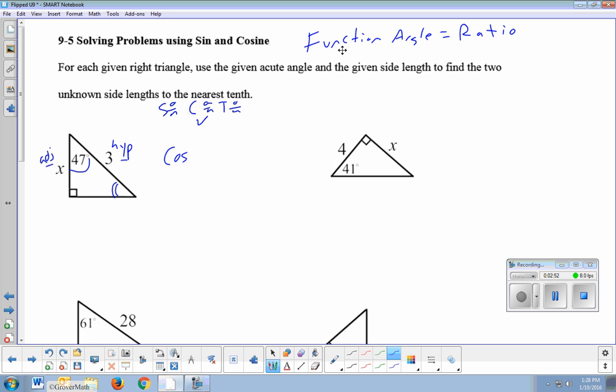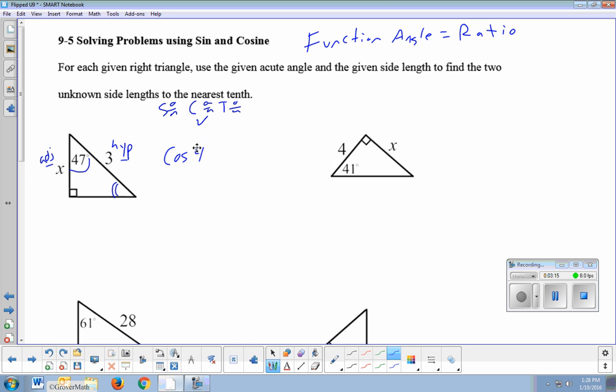Function is sine, cosine, tangent. Angle, well, if we have the angle like 47 degrees, it's 47. If not, maybe that's theta or something like that. It equals ratio, that's your this over that, 5 over 7, x over, whatever the problem's talking about. So function, angle equals ratio. We've got to determine the function. We figured out cosine based on adjacent and hypotenuse.